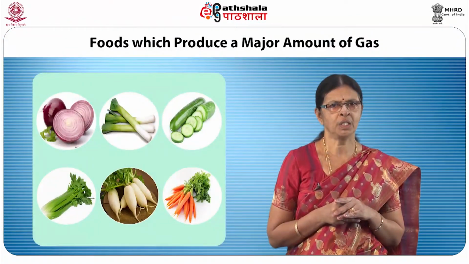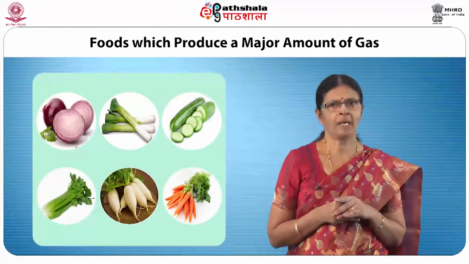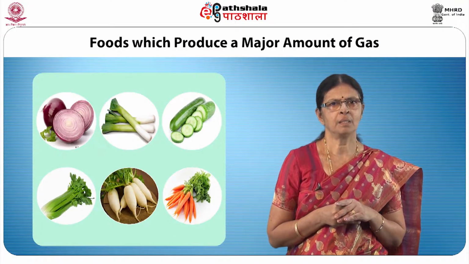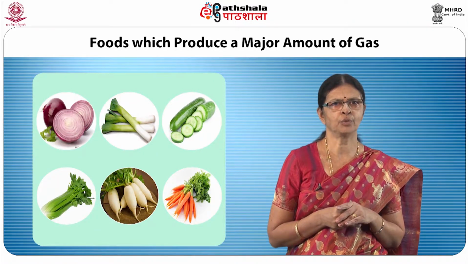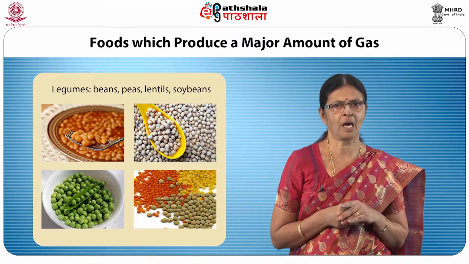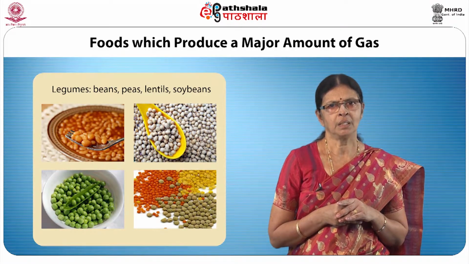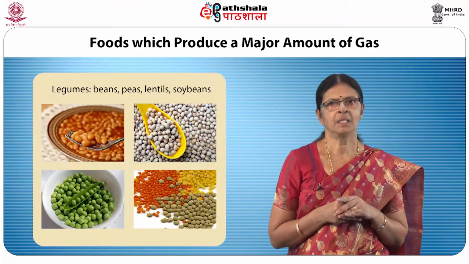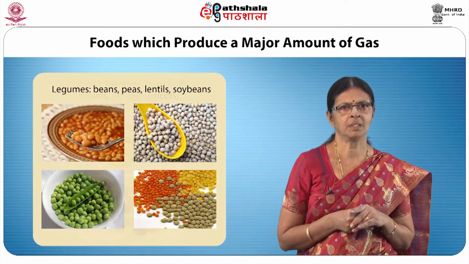The major gas producers are starchy vegetables like root vegetables, onions, potato, radish, leeks, parsnips, celery and cucumbers. Legumes containing complex sugar raffinose in beans, peas, lentils and soybeans.